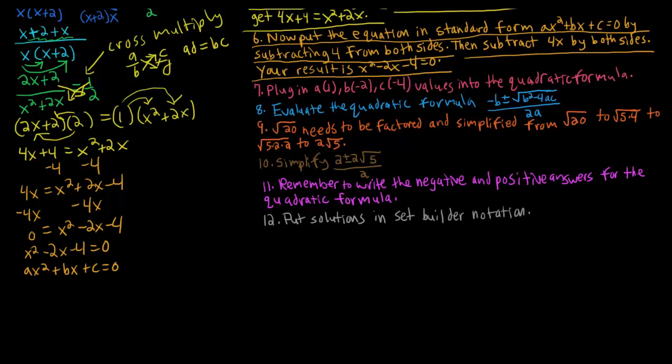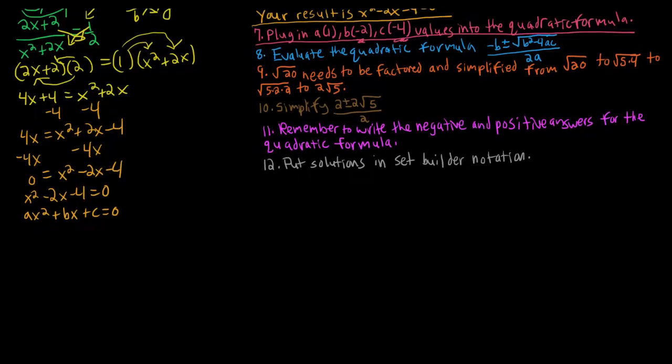Now for step 7, we want to go ahead and plug in the a, b, and c values, a being 1, b being negative 2, and c being negative 4, into the quadratic formula.